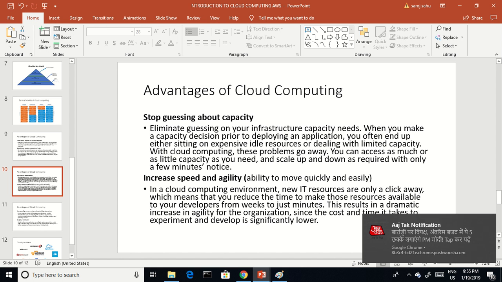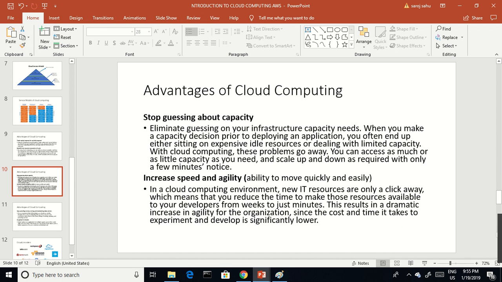And increase speed and agility. If you want to develop something very quickly in our own data center, we have to build everything from scratch. Like I have to rebuild my operating system, I have to rebuild my networking, I have to configure the networking concepts, and I have to give access to those services, and I have to install a lot of software which is required by the developers.